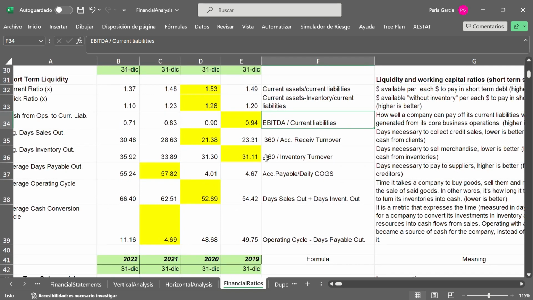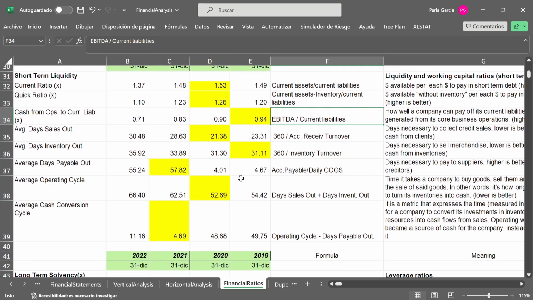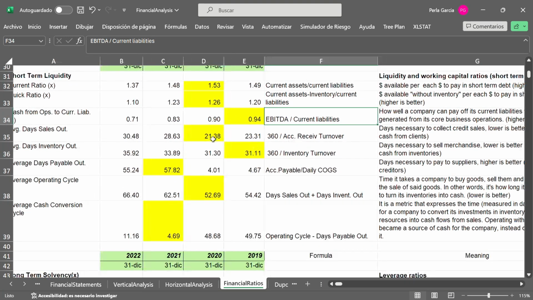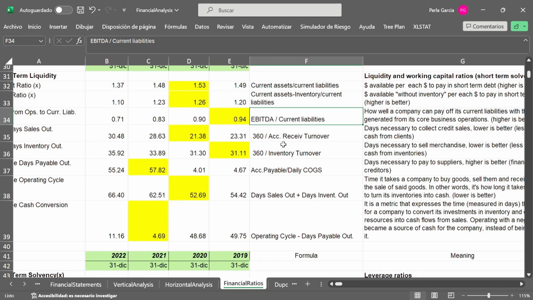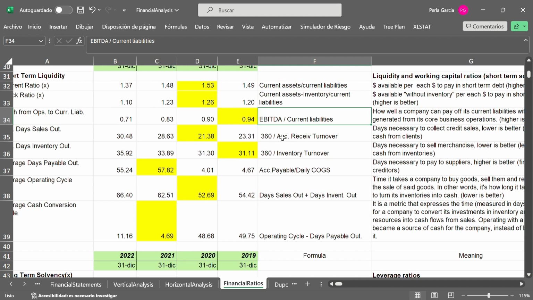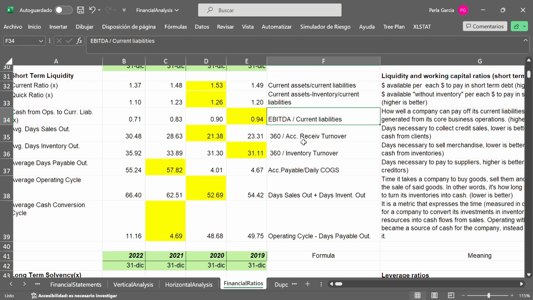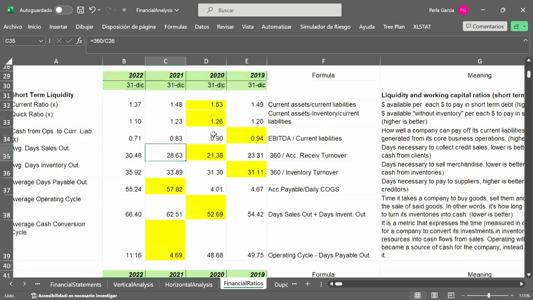And then we have the average days sales outstanding. This is the average number of days necessary to collect the credit sales. Lower is better, because in this way a company can collect the money quickly. And here the lowest is in 2020.